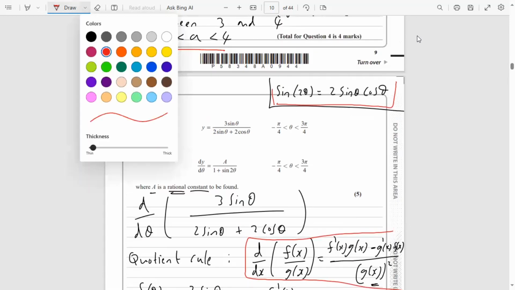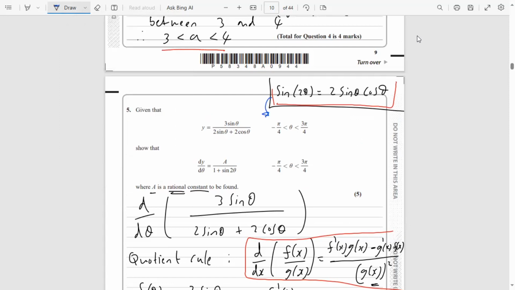Now, what happens if we times both sides of this equation by 4? 2 times 4 is 8, so sine theta cos theta. So I'm just going to times both sides of my equation by 4. So I get 8 sine theta cos theta on one side, and here I'm going to get 4 sine 2 theta.